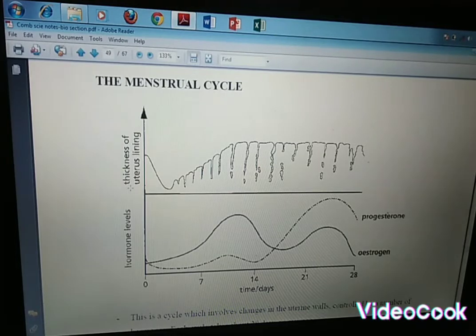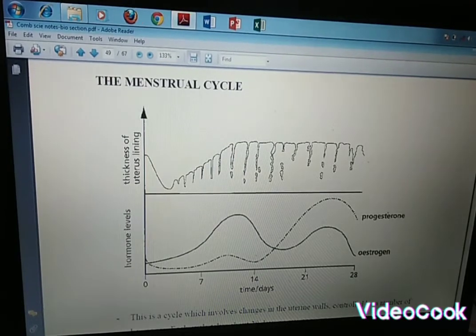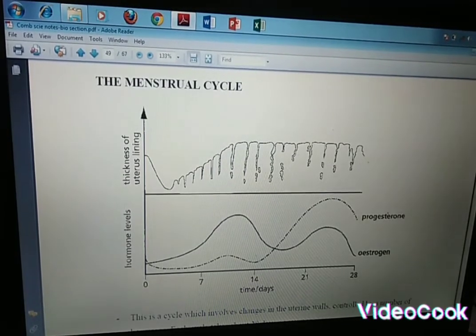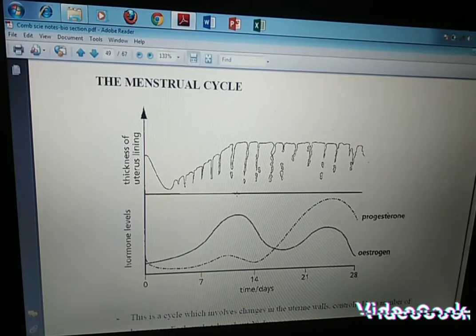So when the levels of estrogen increase and the levels of progesterone increase, the thickening of the uterus lining also increases, right? So we have a peak here when we have a lot of estrogen. The uterus lining is also very thick there, right?